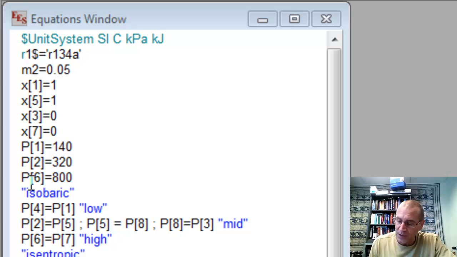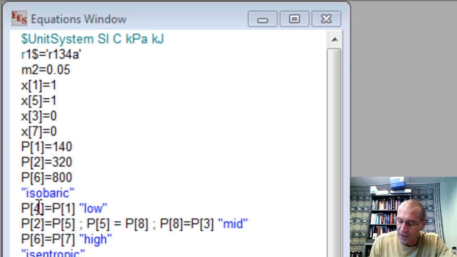And then I've got my mass flow rate at 0.02. Now I'm defining the points that we know when we've got saturated liquids and saturated vapors, and that's what points 1, 5, 3, and 7 are. You can go back to that TS diagram and review that those are correct. I'm operating at a high pressure of 800, a low pressure of 140, and a middle pressure of 320. Now, we're going to have both the upper cycle and the lower cycle have that same middle pressure, which means that there's not going to be any temperature difference.